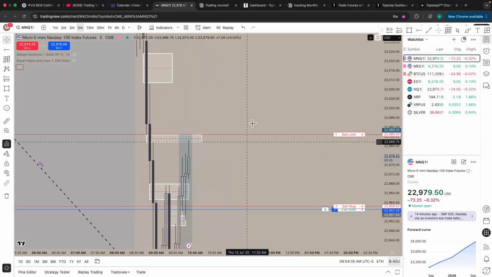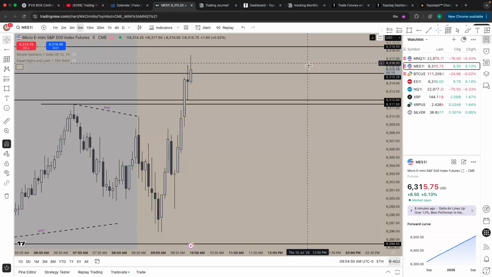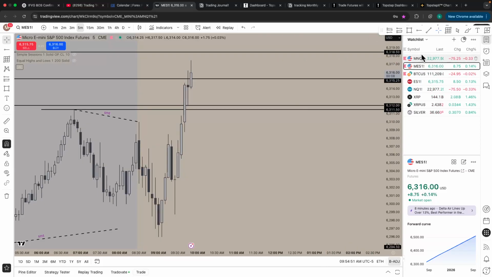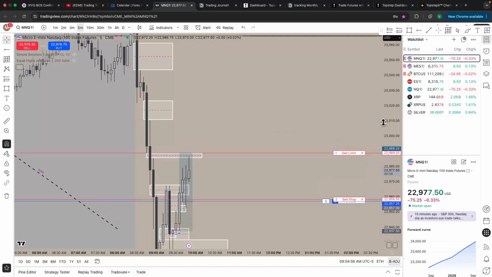Oh no. 20 seconds on this. This is going to tell me everything I need to know. It's not looking good right now. Not looking good at all. Well, ES is rejecting because ES doesn't need to sweep that out now, you little bitch.